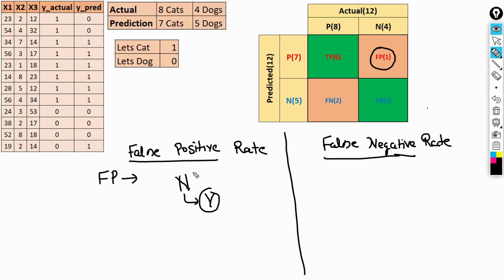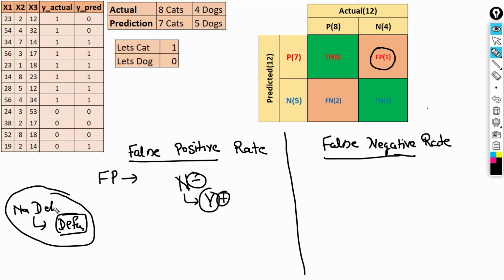Let's understand: in actuality that person is a non-defaulter and my model is saying that he is a defaulter. So we have to check what is the rate of this particular misclassification of negative classes.